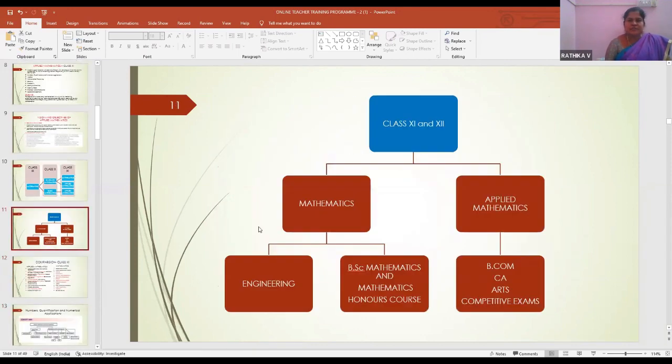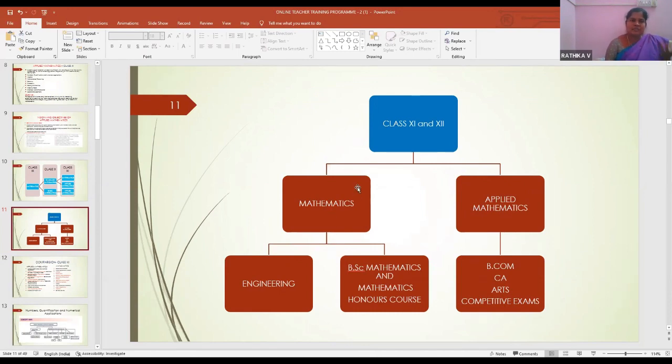So next, in class 11 and 12, when you take mathematics or applied mathematics, what are the courses they can opt for later? Those who have chosen only mathematics can go for engineering, BSc, and mathematics honors related to that, anything they can take. But if you are taking applied mathematics, those students cannot go for engineering.